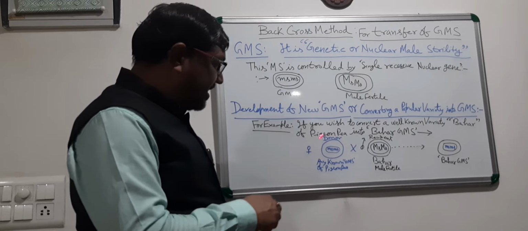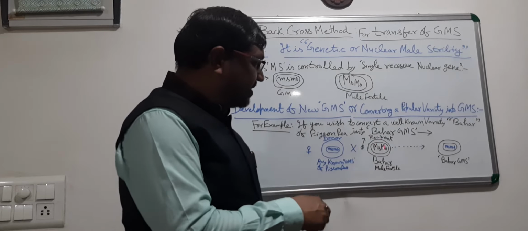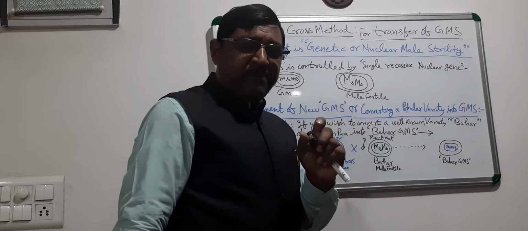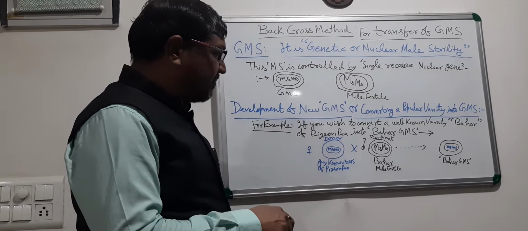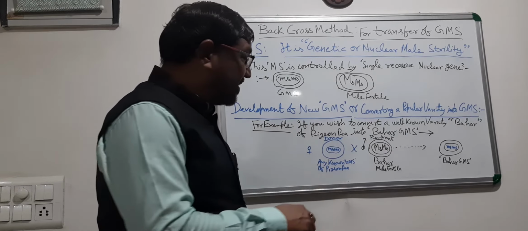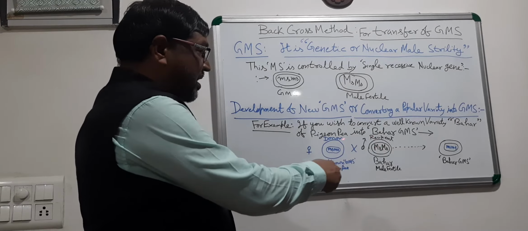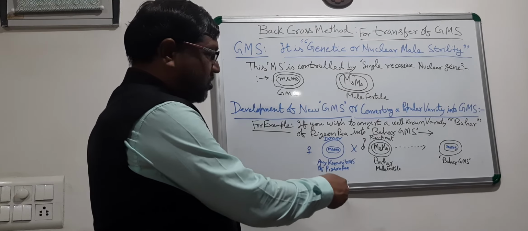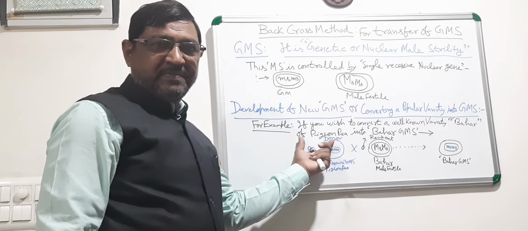You are taking this donor as a female, and the normal Bahar, having capital MS, that is male fertile Bahar, you are taking as a male. No emasculation is needed; you are taking the pollen grains from it and pollinating the buds of the male sterile plant.